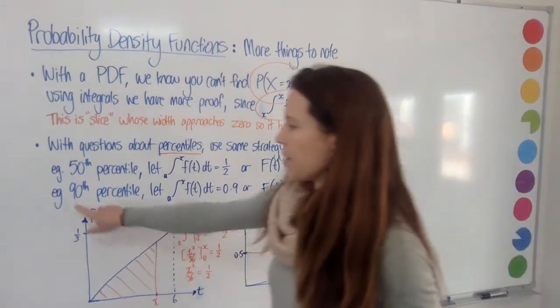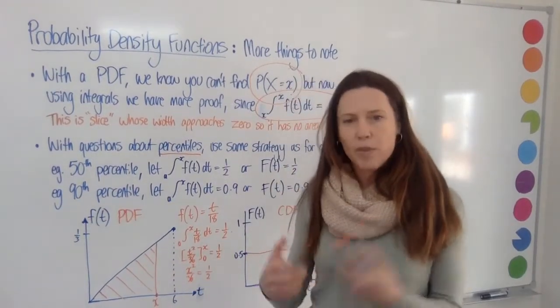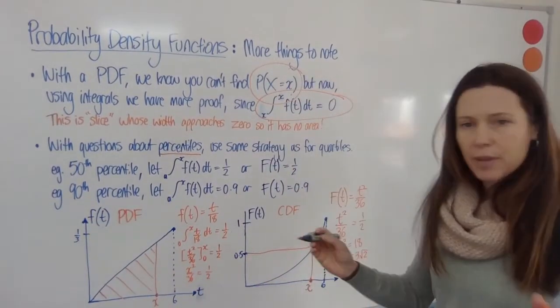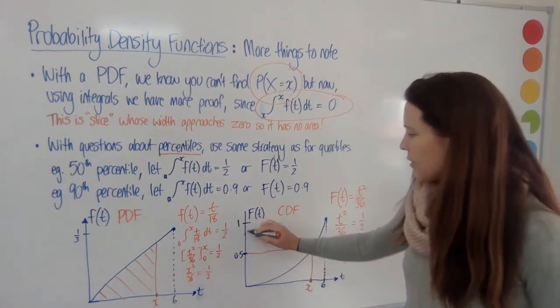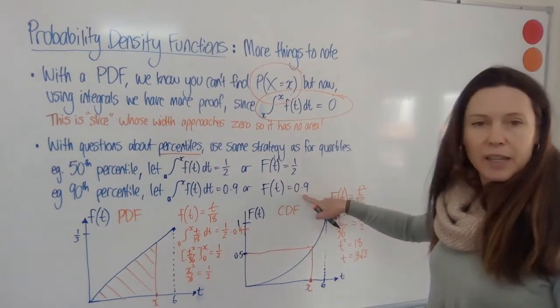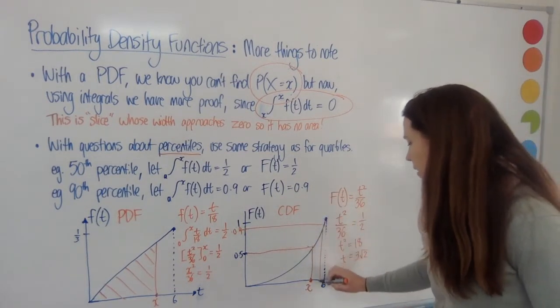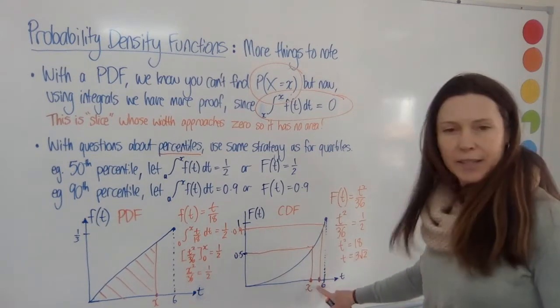Now if we were looking at the 90th percentile, then remember we just want the 90th percentile of the probabilities. So in theory, we could just go to the CDF, look at where we get to 0.9, and let big F of t equal 0.9. In other words, go across and down and find the x value that that lines up with.